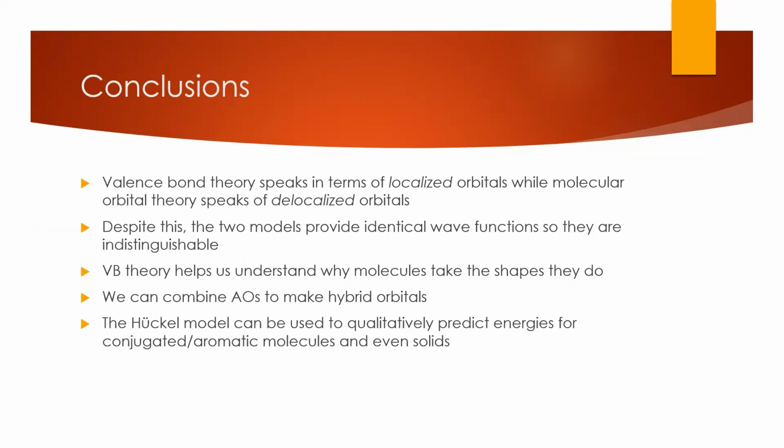What we found out last time is that despite this seeming contradiction of localized and delocalized orbitals, we could actually reconcile the two because they provide identical wave functions, so we can't distinguish them. Our valence bond theory helps us understand why molecules take the shapes that they do, but molecular orbital theory is more complete and can do things like actually describe bond angles, calculate energy levels, and so forth.